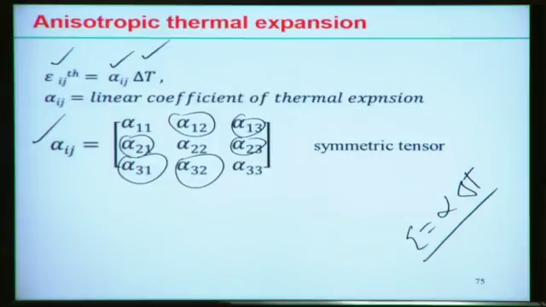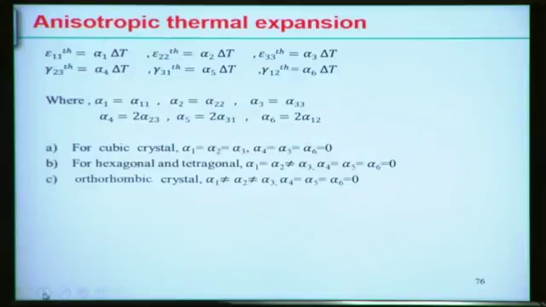It is a similar way we analyze the stress or strain components. So this is the simple notation we use for anisotropic thermal expansion in different cases. For example, epsilon 11 thermal is equal to alpha 1 delta T, then alpha 2, alpha 3, and we use alpha 4, alpha 5, alpha 6.